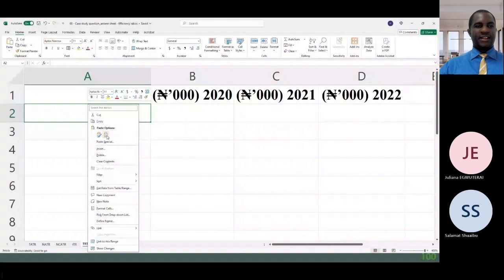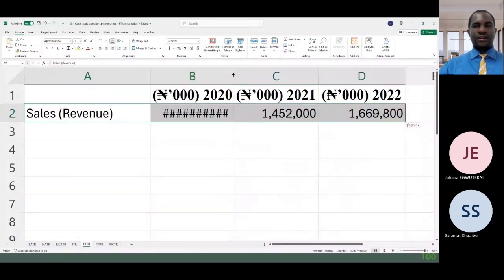Let's do our computation together. I'm glad we are both engaging. This is very, very good.